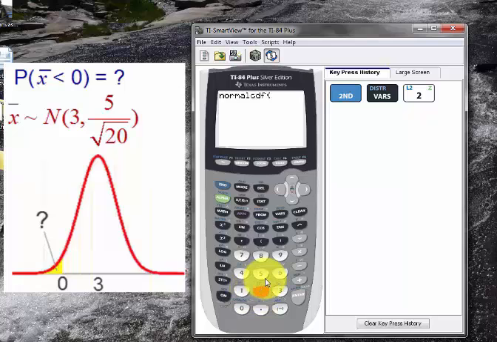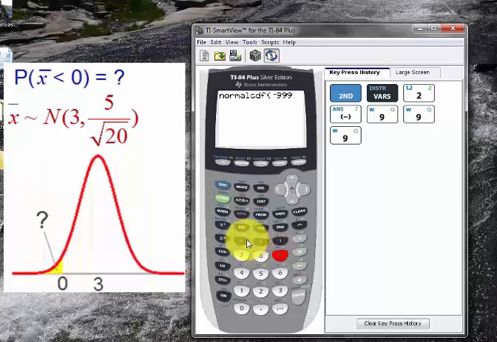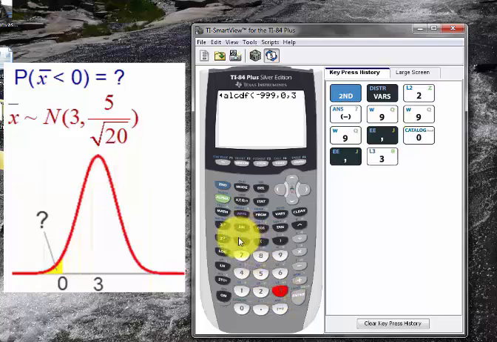So the low will be negative 999, which is approximately negative infinity. The high, if you remember, is 0. The mean was 3.